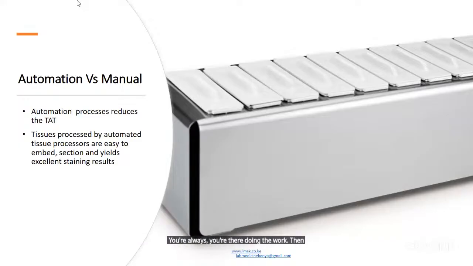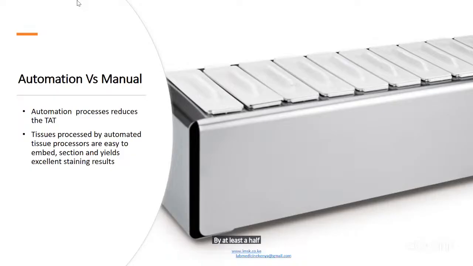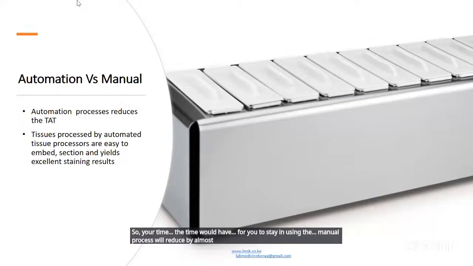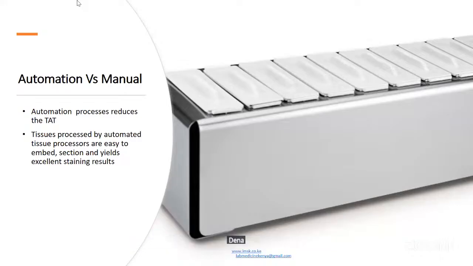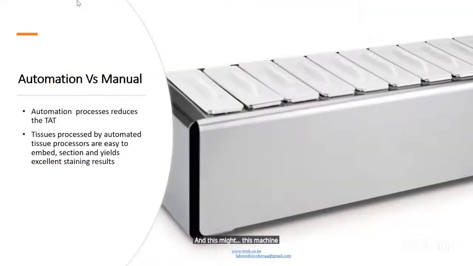Then our stainer will also reduce our TAT by at least half the time it would have taken, especially the cover slipping bit, because that process is very tedious and takes a lot of time compared to when you're doing it using a machine. So the time you stay in the manual process will reduce by almost half if you're using an auto stainer and the cover slipper. Then this machine here is a manual staining platform from DACO.